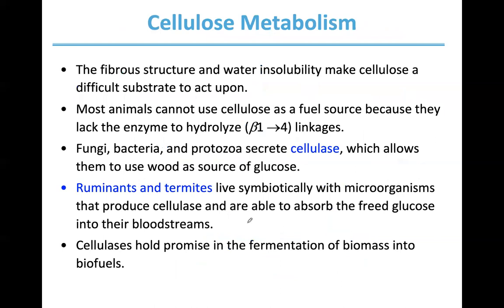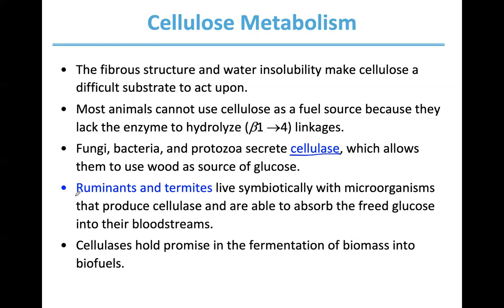All right, cellulose metabolism. So obviously ruminants. We don't have the enzyme known as cellulase, which can break down the beta linkages, right? So this enzyme must be really developed by nature to break down these beta linkages because they're not so easy to break down.